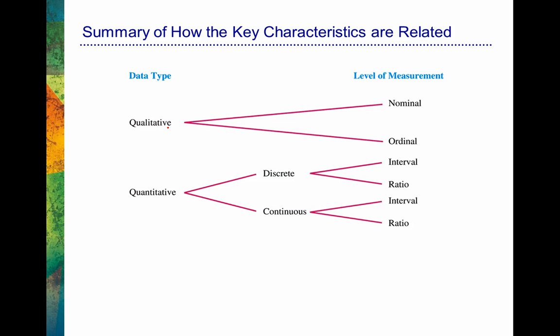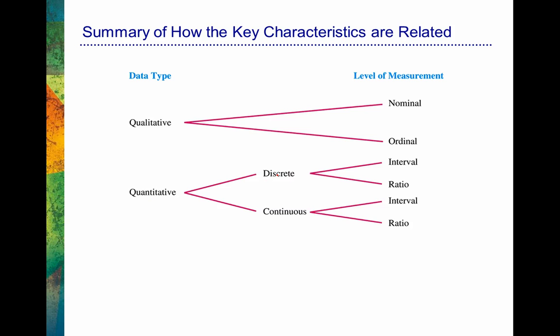Remember, we have non-numerical data or numerical data. That non-numerical or qualitative data is typically measured on a nominal or ordinal level scale. And that makes sense, right? Because when we're talking about just names of categories, like the type of cell phone you plan to buy, there's nothing quantitative about it. It's non-quantitative, non-numerical, or qualitative.